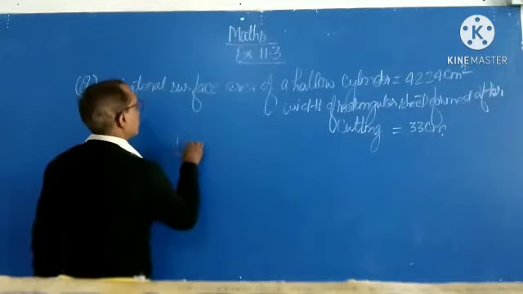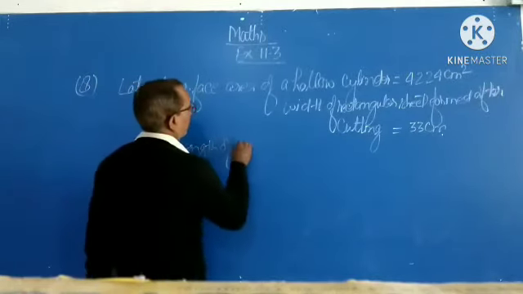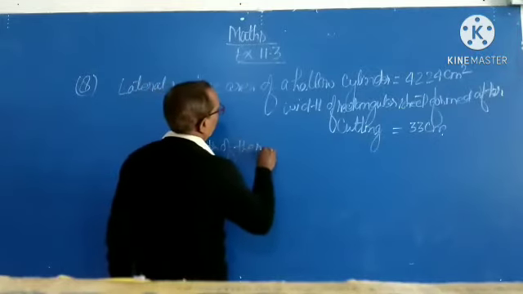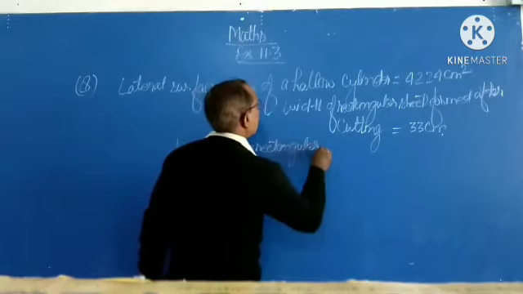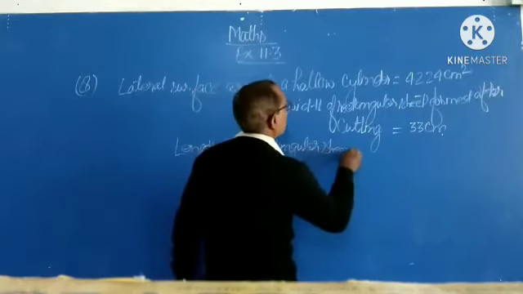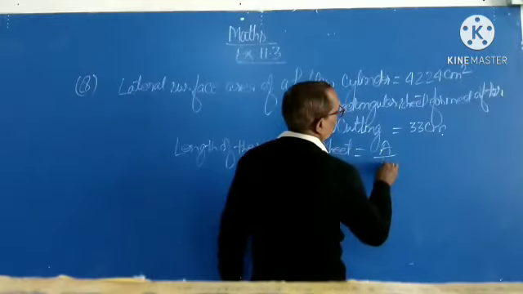Length of the rectangular sheet is equal to area upon breadth.